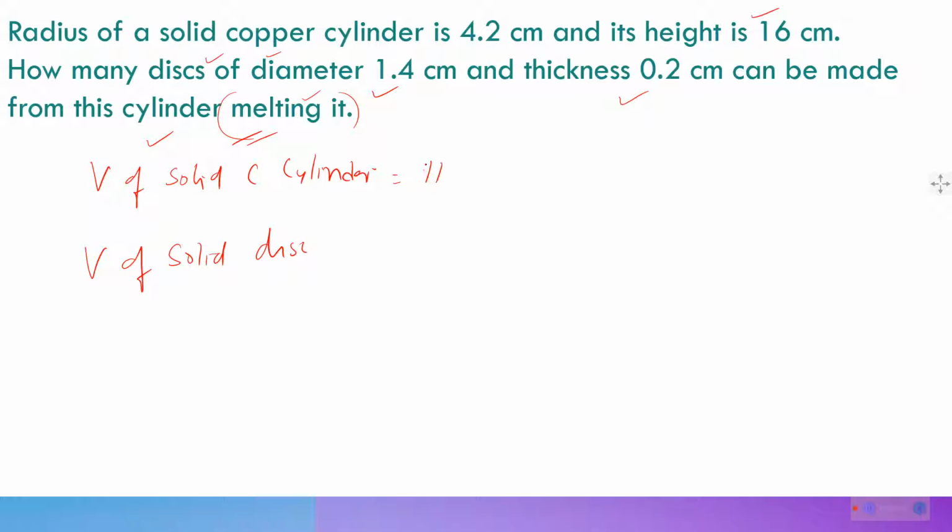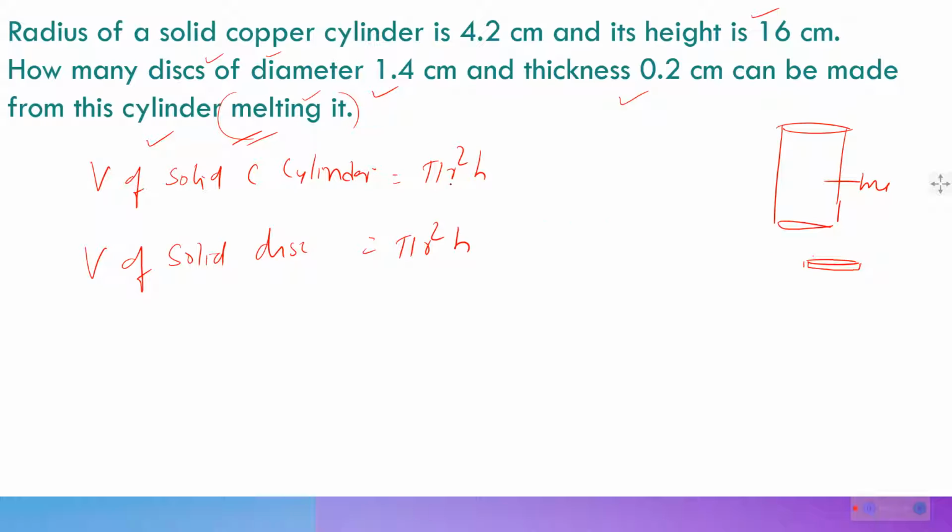If I calculate here, pi r square h is the formula, here also pi r square h is the formula. But we know that here it is big, here it is small, right? The volume of the cylinder having radius more, height more, is a big solid cylinder. When we melt it, we are making a thin coin-like cylinder.